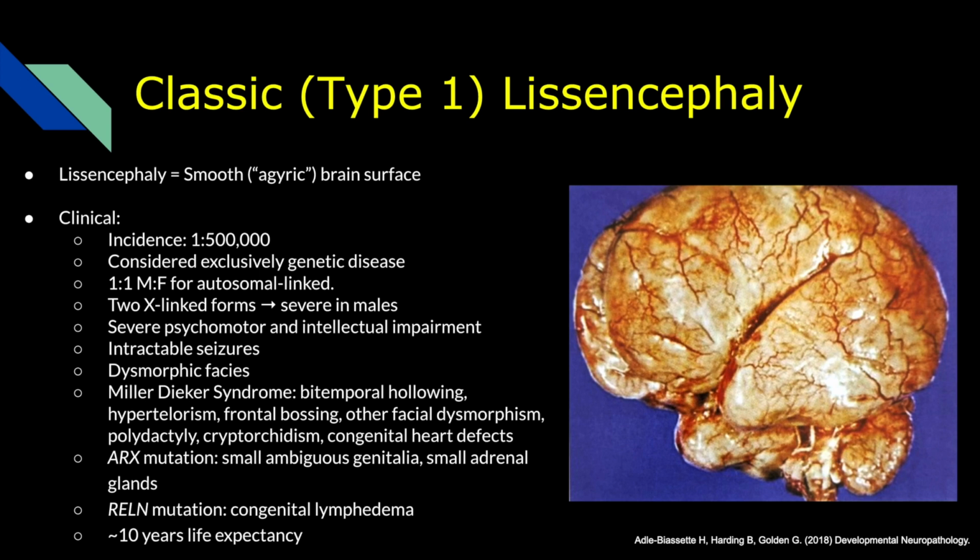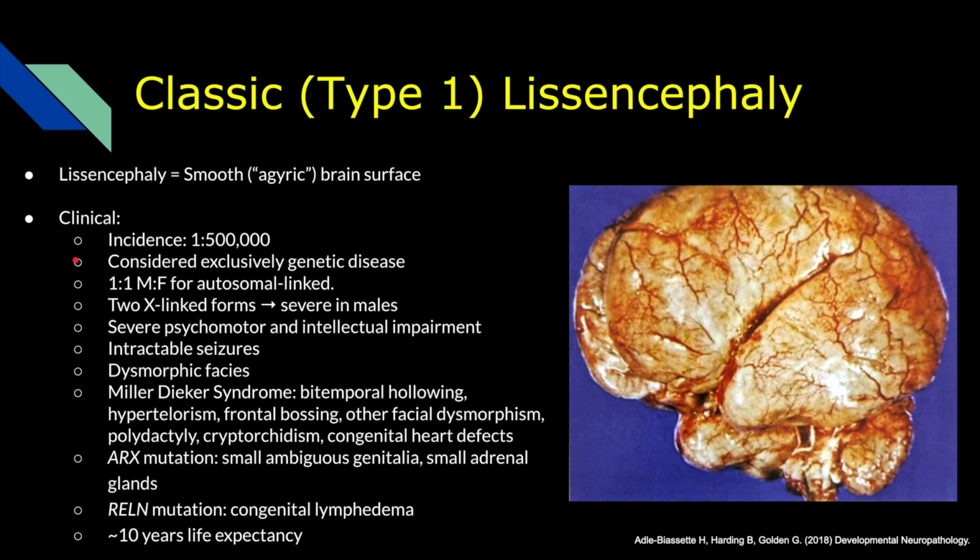And as you can see here, we have this very smooth brain lacking convolutions, except for this Sylvian fissure, which is highly abnormal depending on what stage of development you're in. So it's quite rare, one in a million, but has very distinctive genetic and pathological findings.